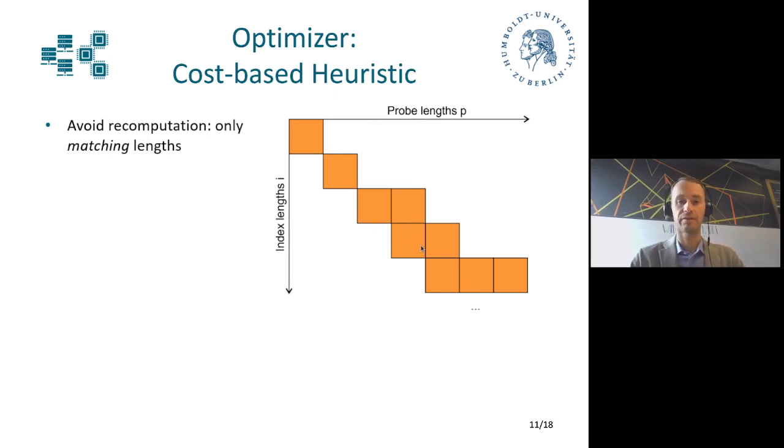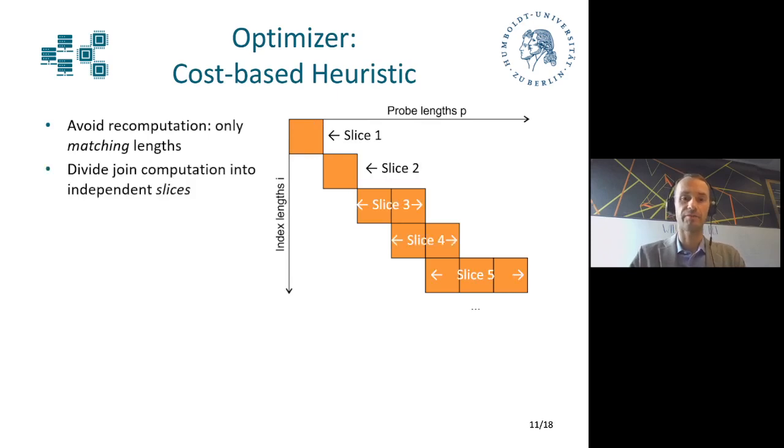Note that each square in this join matrix could potentially be computed independently. However, we group them together in so-called slices, and we define that the y-axis here are index lengths and the x-axis here are probe lengths. So each index length composes one slice. Each of these slices can be computed independently.